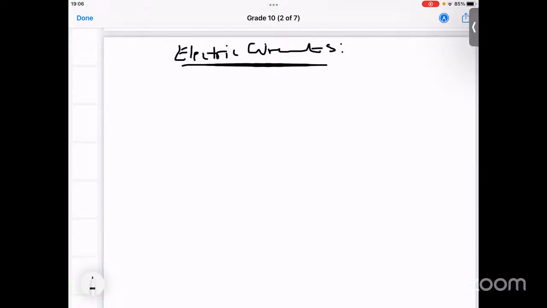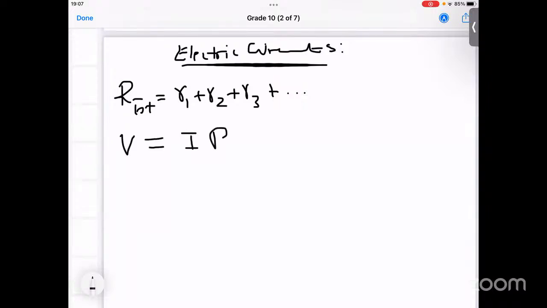The one we use to calculate R total: R tot equals R1 plus R2 plus R3, plus any other resistors which may exist on an electric circuit. The other formula we normally use is V equals IR.